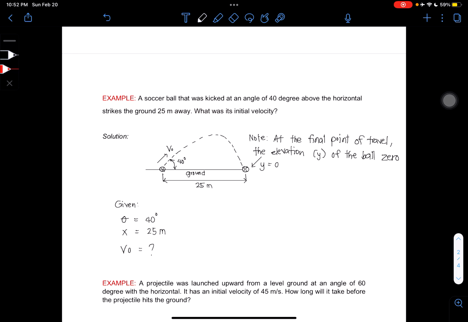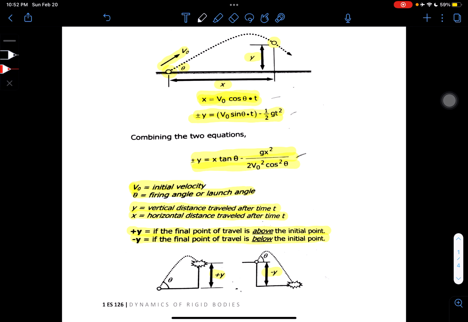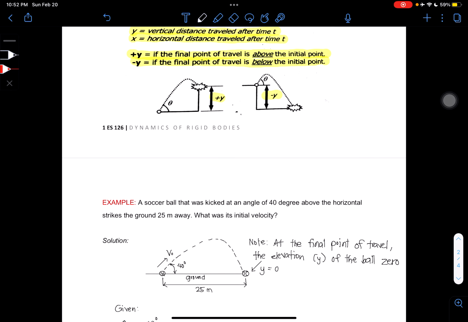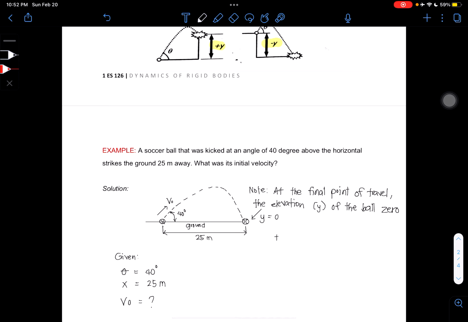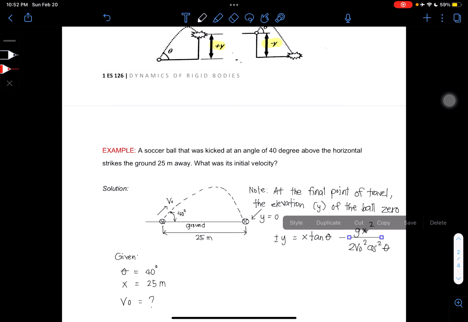So in our formula, we have plus or minus y is equal to x tangent of angle theta minus g x squared divided by 2 V0 squared cosine squared angle theta.